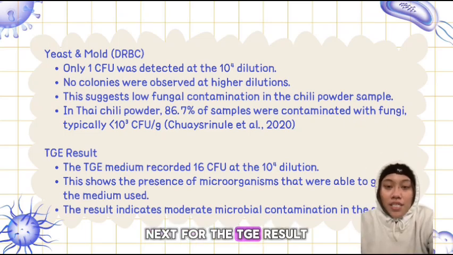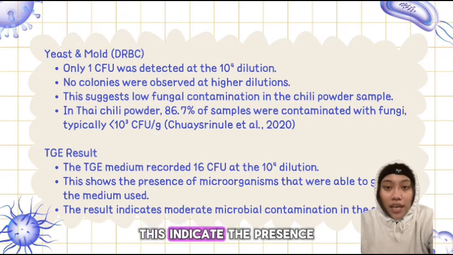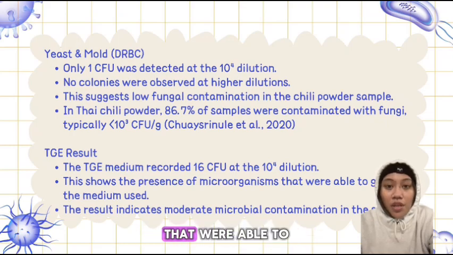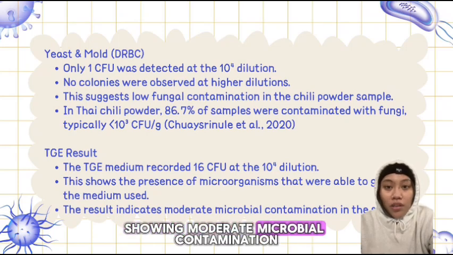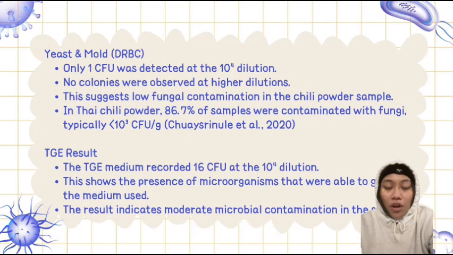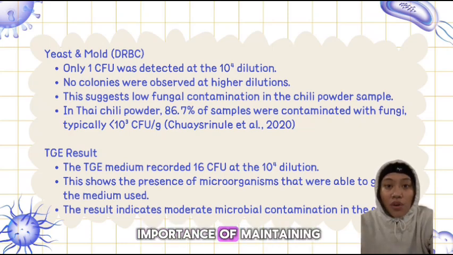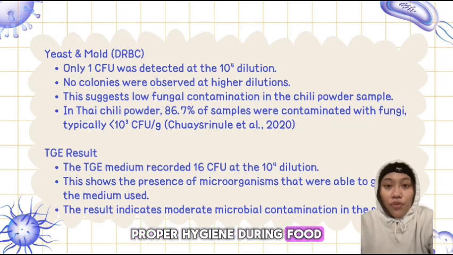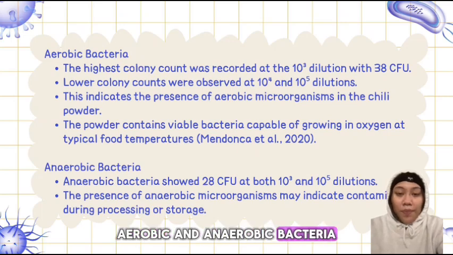Next, for the TGE result, 16 CFU were recorded at the 10^-4 dilution. This indicates the presence of microorganisms that were able to grow on the medium used, showing moderate microbial contamination in the sample. Although the contamination level was not extremely high, it still reflects the importance of maintaining proper hygiene during food processing and storage.